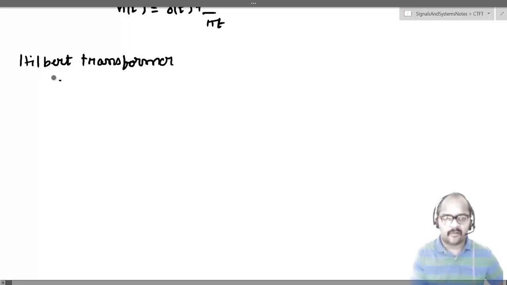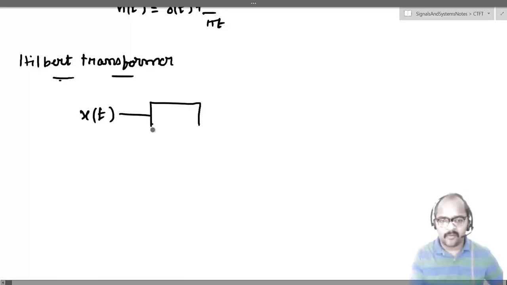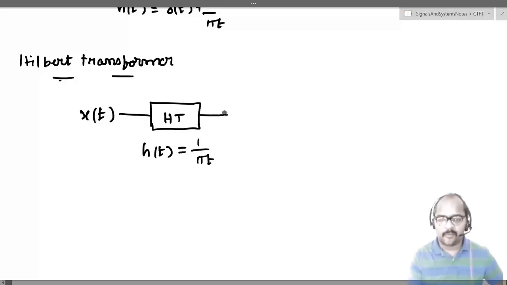So this block diagram can be written like this. X of t is passed through the Hilbert transformer, an LTI system with impulse response 1 by pi t. So what will be the output of the Hilbert transformer? We get xh of t, which is equal to x of t convolved with 1 by pi t.